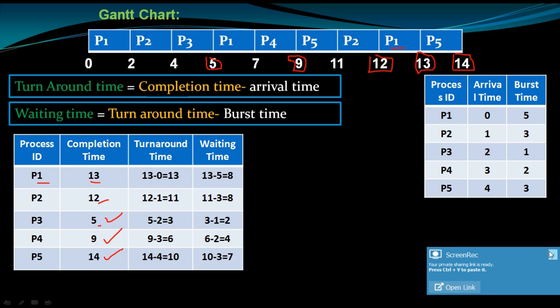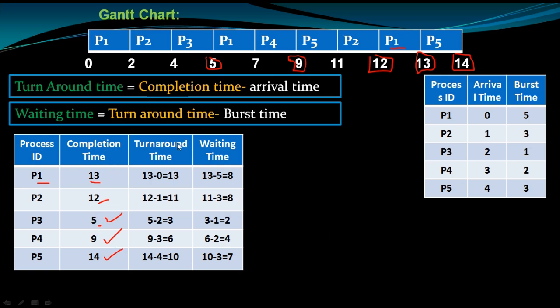Now let us calculate the turnaround time as per this formula. Turnaround time equals completion time minus arrival time. We have already calculated the completion times.